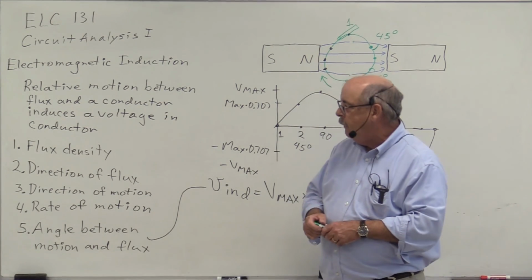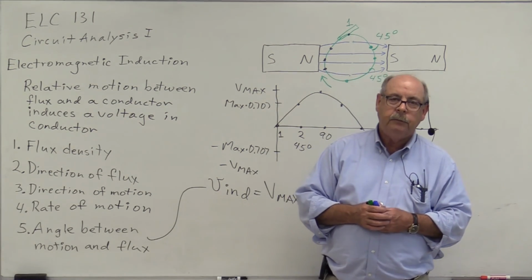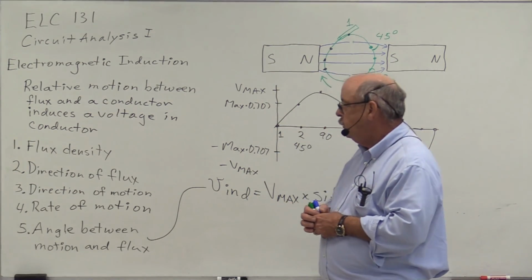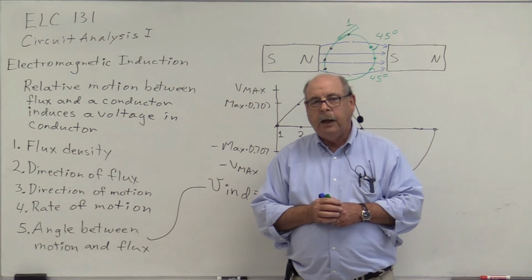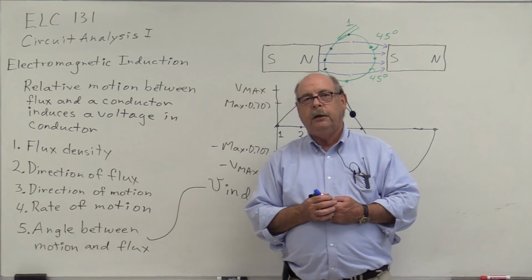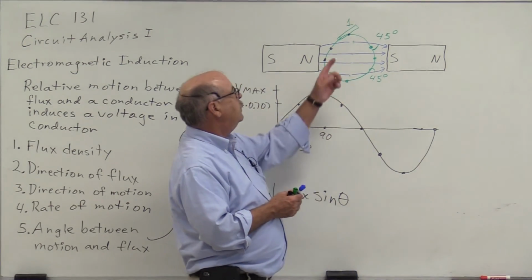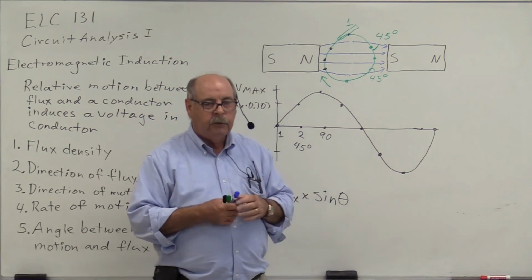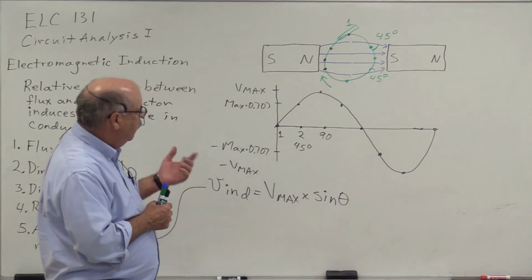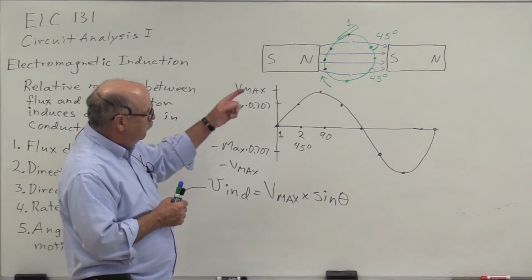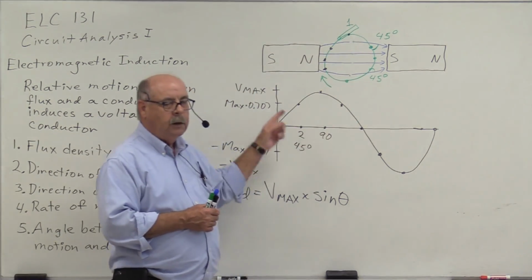And the factors that affect that induced voltage are, of course, the strength of the magnetic field, the direction of flux, the direction of motion, the rate of motion, and the angle at which the relative motion occurs, the angle between the motion of the conductor and the flux. And we see how we generate a sinusoidal waveform by rotating a conductor through a magnetic field.